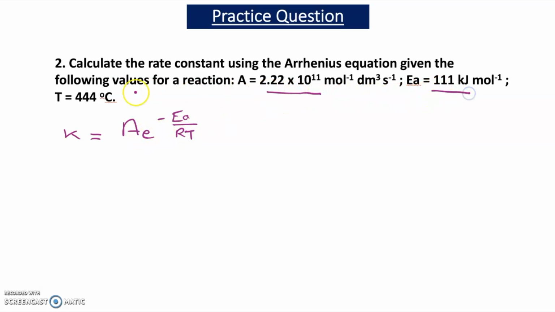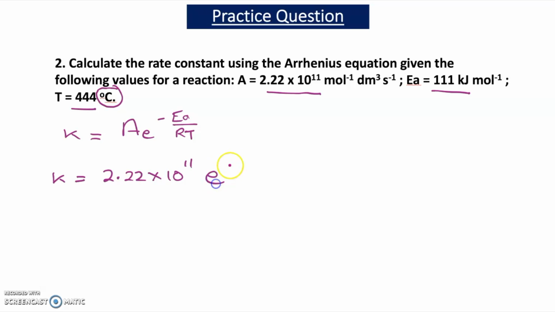So k is equal to A e to the minus Ea over RT. We know the value of A. We know the activation energy is 111 kilojoules per mole. And the temperature is given in degrees C, and we have to convert this to Kelvin.